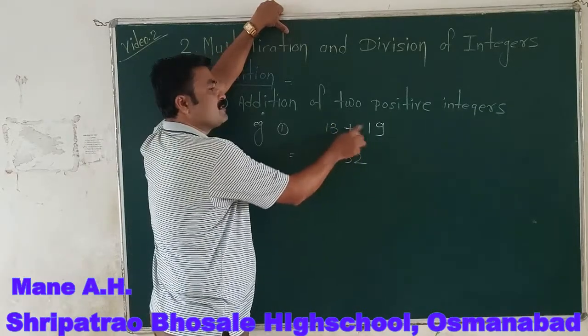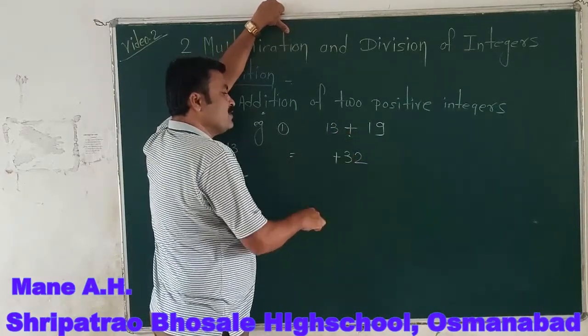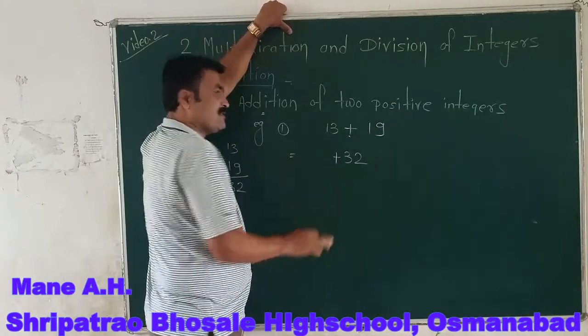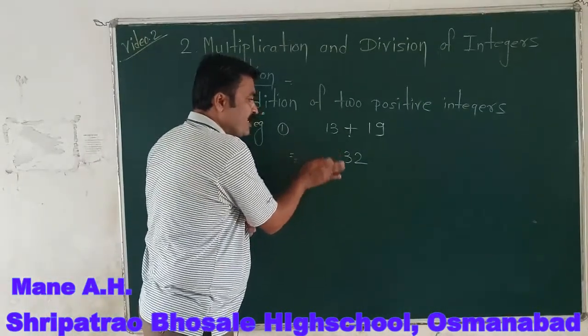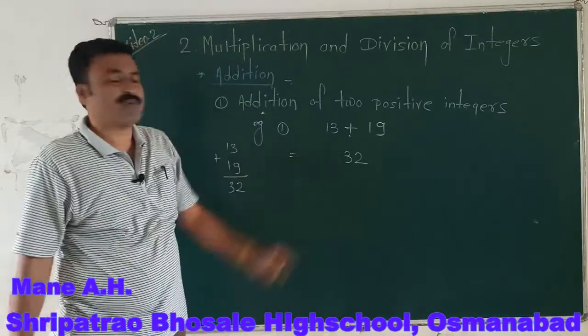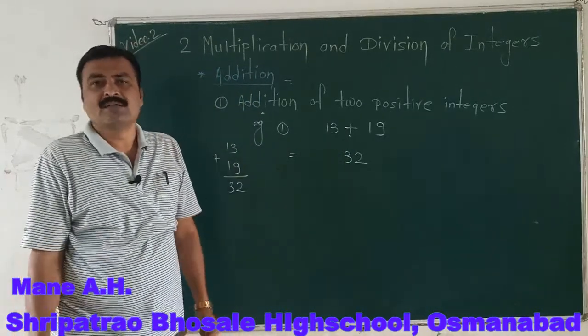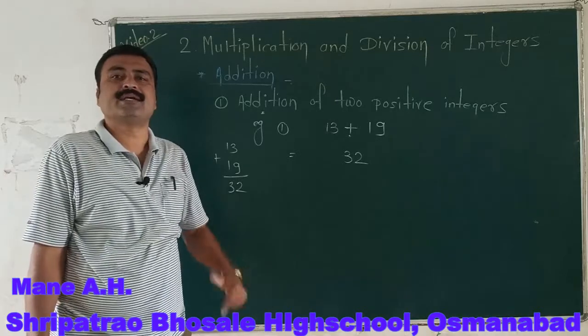So plus plus plus, that comes plus. So when the answer comes as a positive integer, there is no need to write the plus sign. So we just write down the answer as 32, that is also called plus 32.